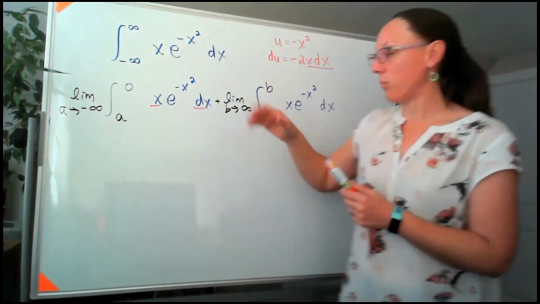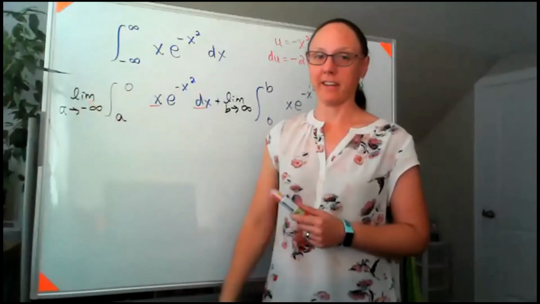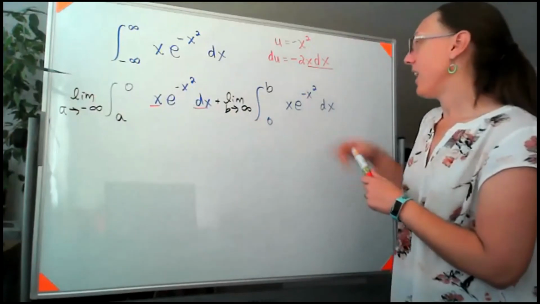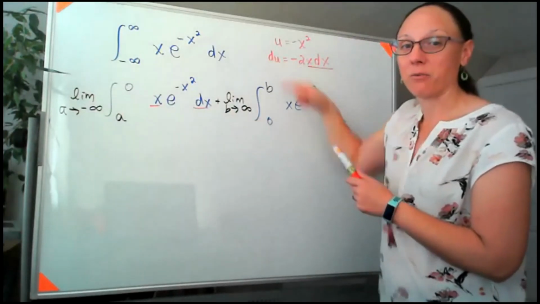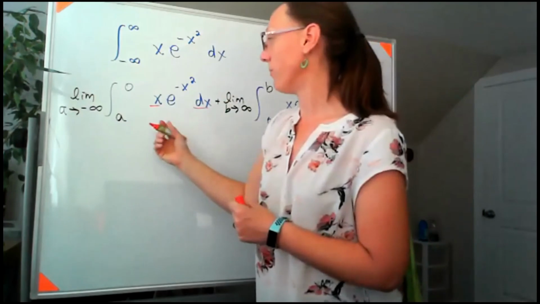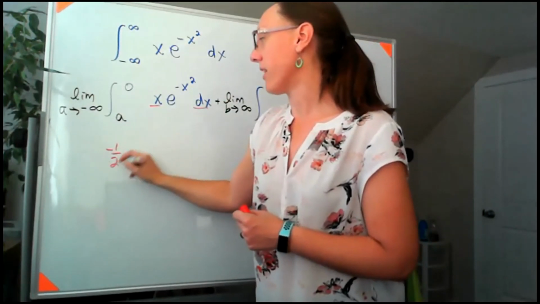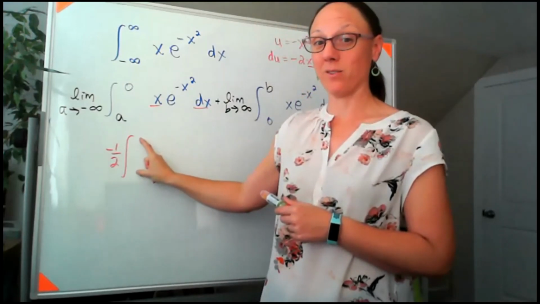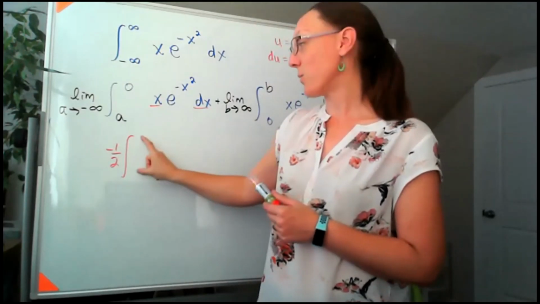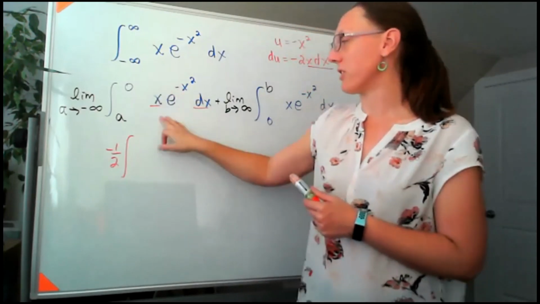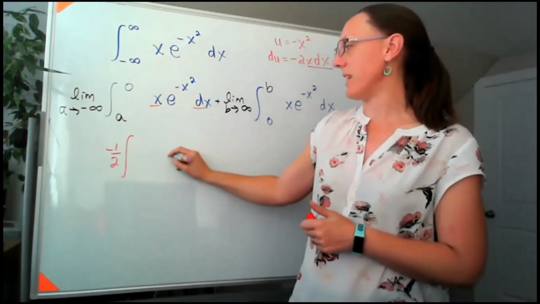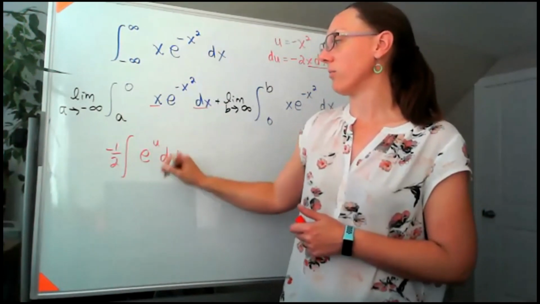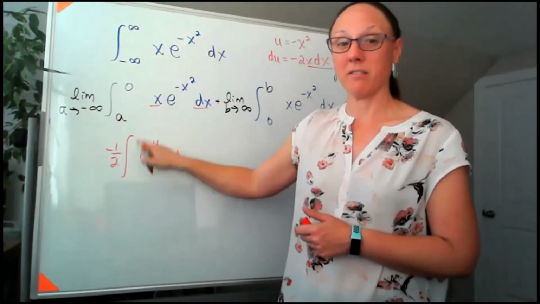So I'm just going to work with this first integral for a second here. Looking at this first integral, I know I'm going to have a negative 1/2 when I divide it over to the du, so I'll have a negative 1/2 out in front. But now I have to switch my bounds. Actually, let me finish writing it first. So my x dx became a du, and e to the negative x squared becomes e to the u. But now I have to switch my limits of integration.